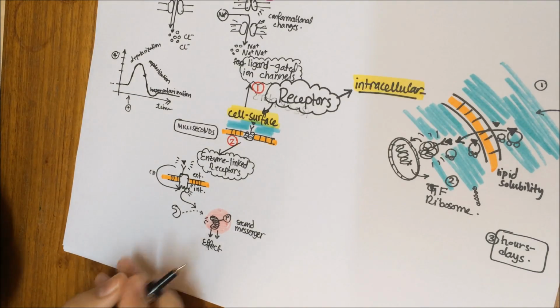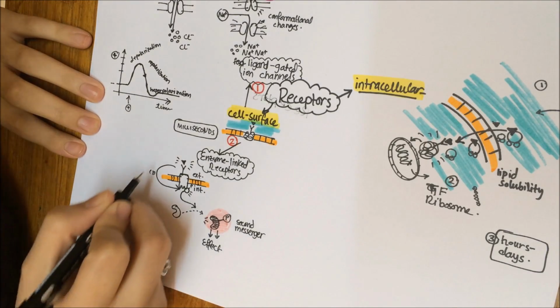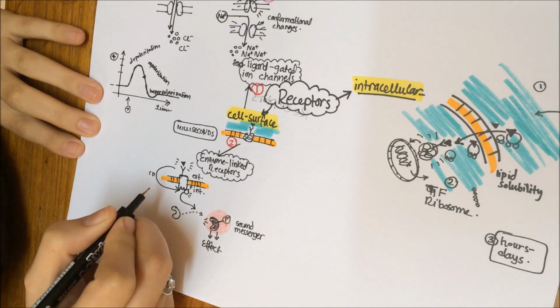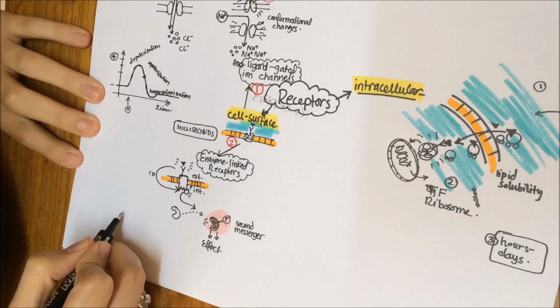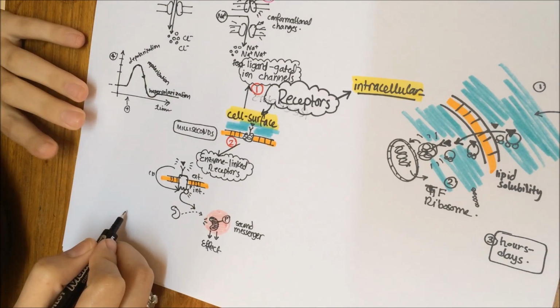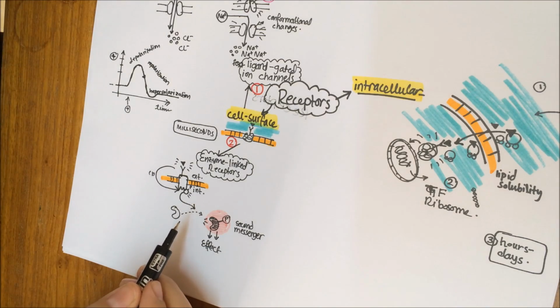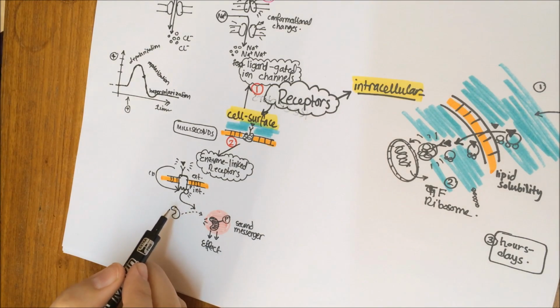Now, an example of this is insulin. Insulin, the ligand here, has an insulin receptor on the cell surface. A realistic important example of this is insulin.